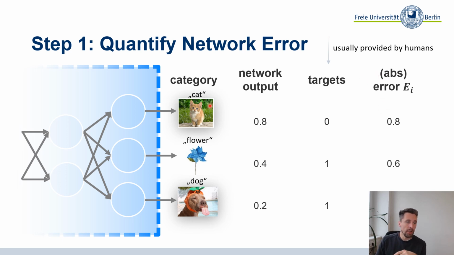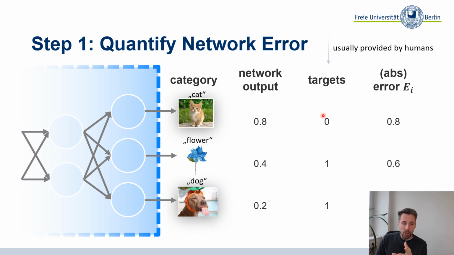So we usually have different output categories in a classification task, and samples that we could put in the network, and then the network produces, let's say, this output here, and then we will use the output and the given target. So that's the label that the human provided for this image here in this case, and we'll look at the discrepancy between the output and the given label.